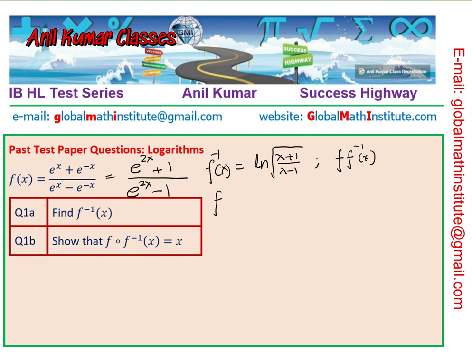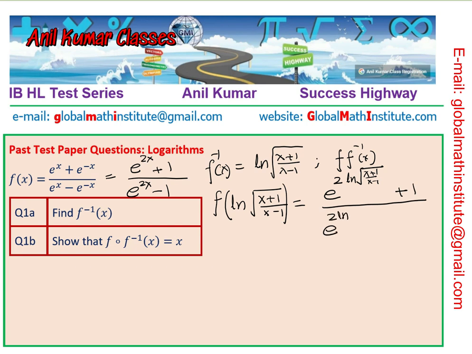So let's rewrite. f inverse is already known to us, f of ln of the square root of x plus 1 over x minus 1. Clear? Substituting this value here, we get e to the power of 2 ln of the square root of x plus 1 over x minus 1, plus 1, over e to the power of 2 ln of the square root of x plus 1 over x minus 1, minus 1. Is that clear to you?